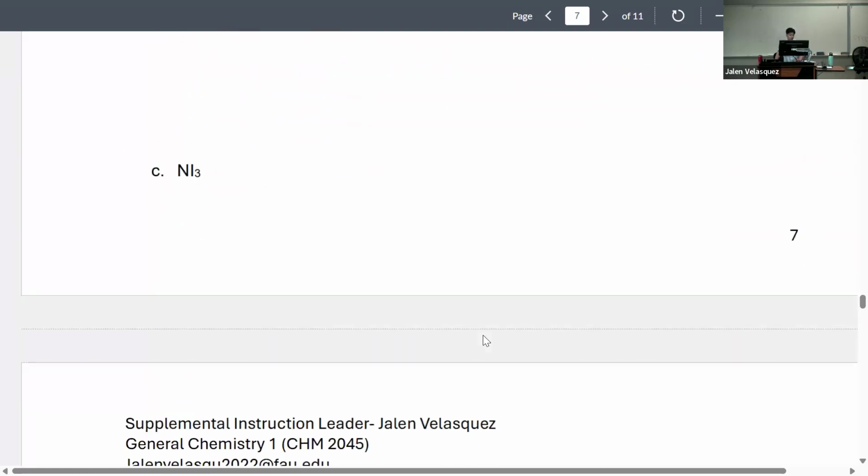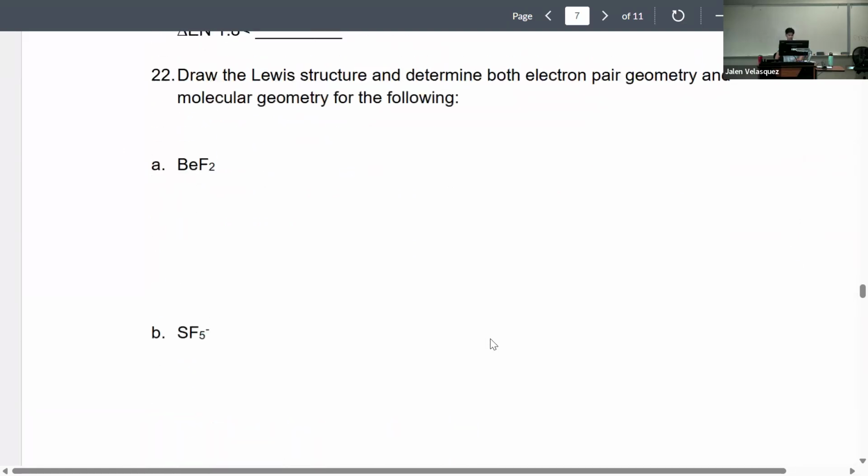For number two, I give you three molecules, and you are tasked with determining both electron pair geometry and molecular geometry for the molecules. Right, so first here we have BeF2. So I need to know electron pair geometry and molecular geometry.